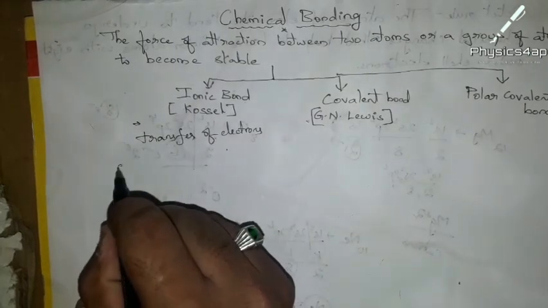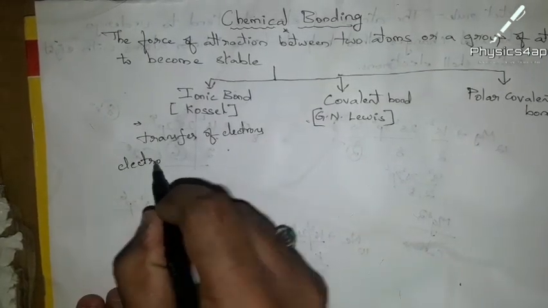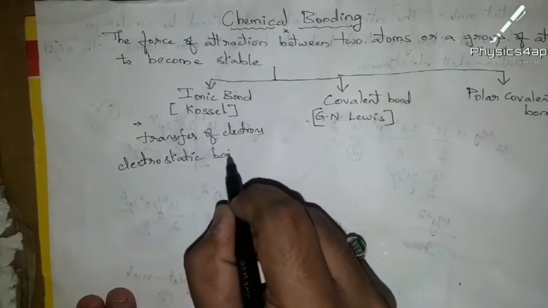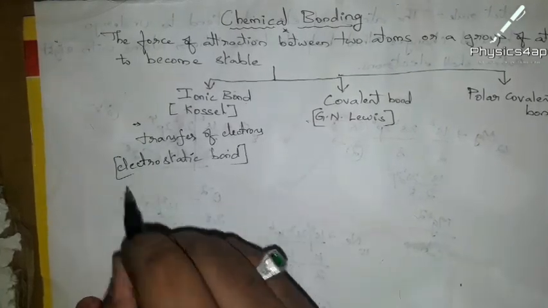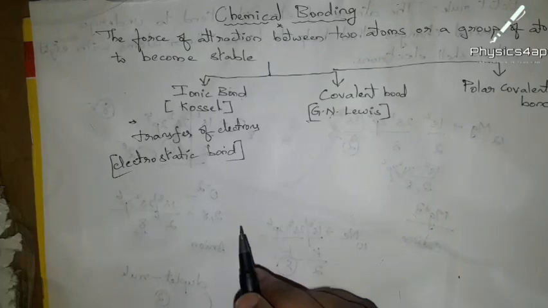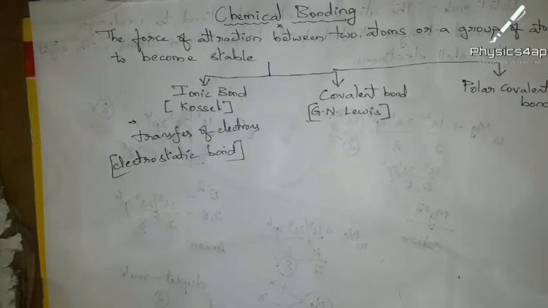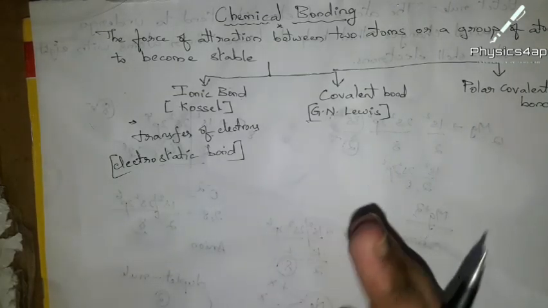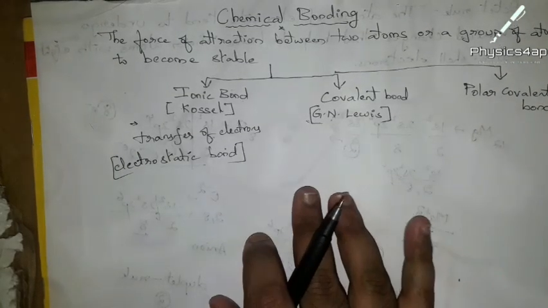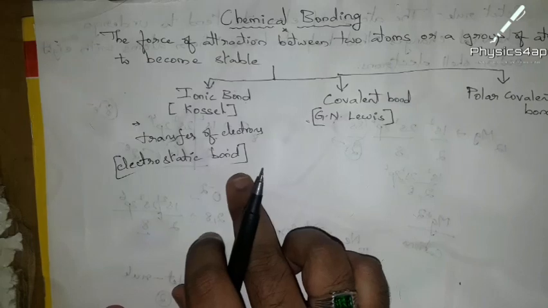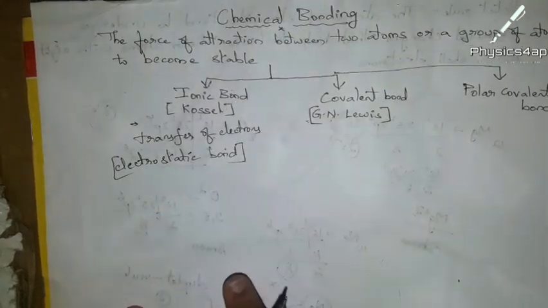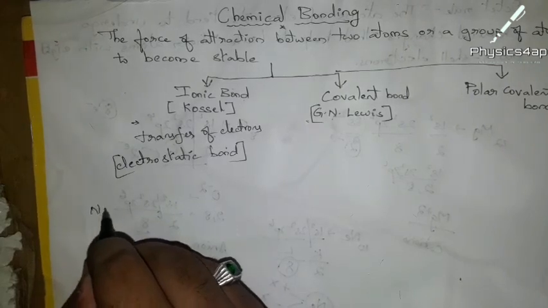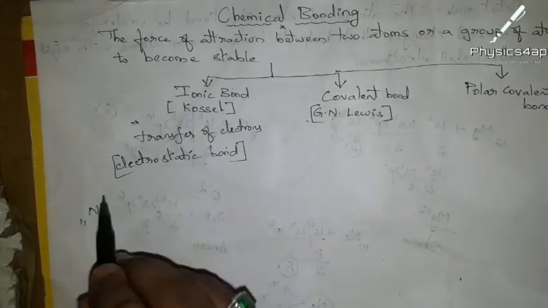Ionic bond is also called the electrostatic bond, as there is a force of attraction between the positive and negative charges, which we learn in the physics part, that is the electrostatic force between positive charges and negative charges. So you can call it the electrostatic bond or the ionic bond. Now for example, sodium has 11 electrons.